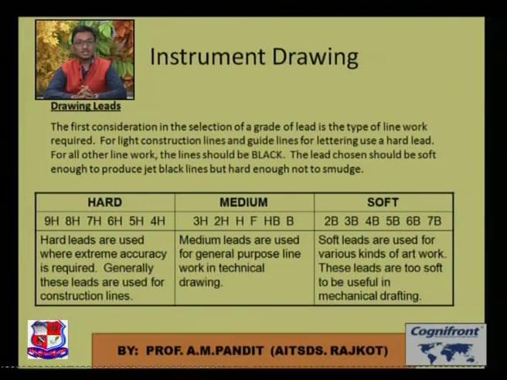The medium pencils can be used for general purpose lines or any sort of technical drawing. We can use the soft lead for any sort of artistic drawing. If we want to see a drawing using the pencil, there we can use the soft pencil as well.